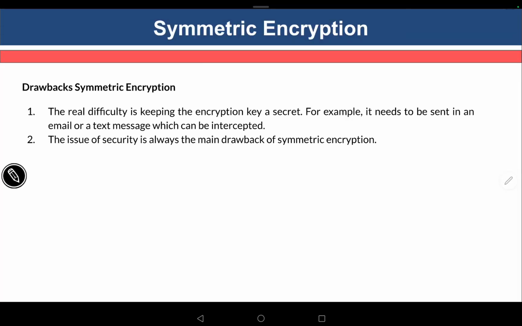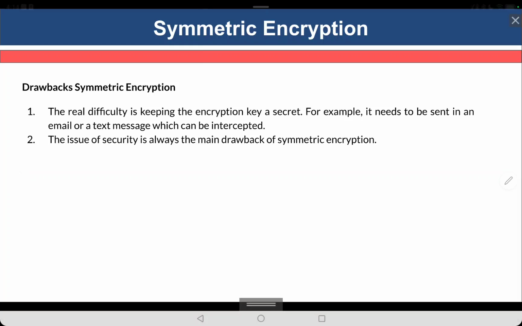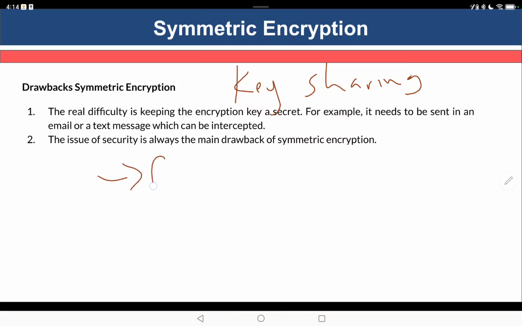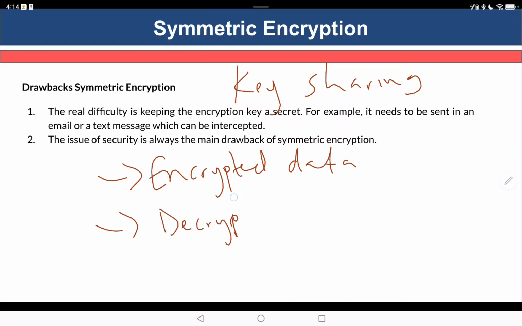Now, what is the limitation of symmetric encryption? Even though symmetric encryption is simple and fast, it comes with a major drawback, and the major drawback is key sharing. Remember that the encrypted data will be sent, and also the decryption key will be sent.